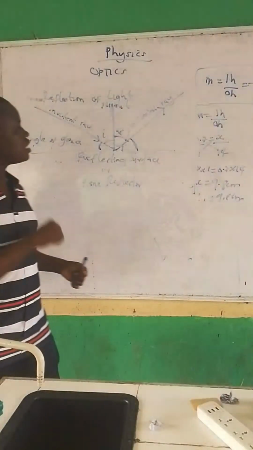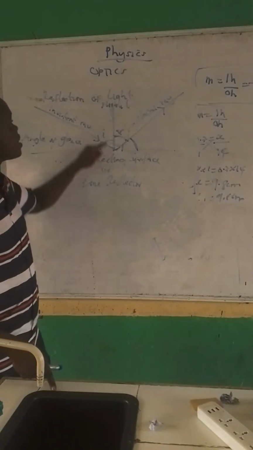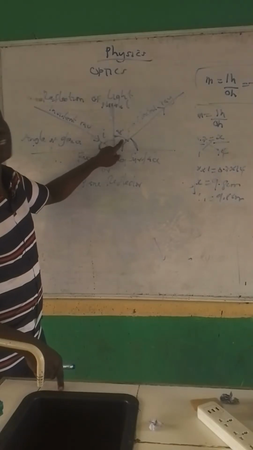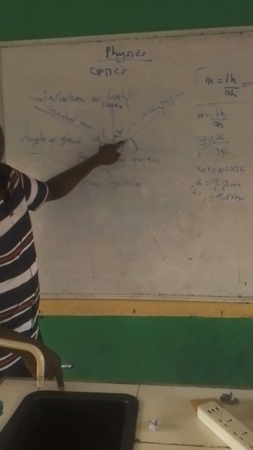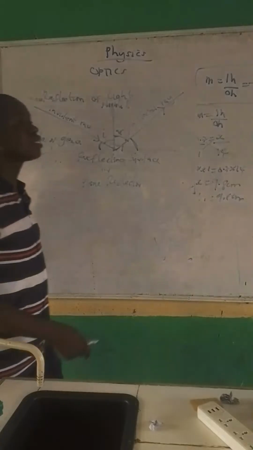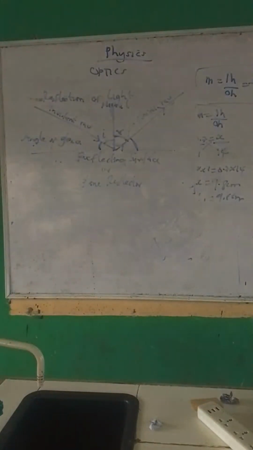That means this angle is always equal to this angle. So if this angle is 50 degrees, this angle will be 50 degrees. If this angle is 30 degrees, this angle will be 30 degrees. If this angle is 20 degrees, this angle will be 20 degrees. The angle of incidence is always equal to the angle of reflection.